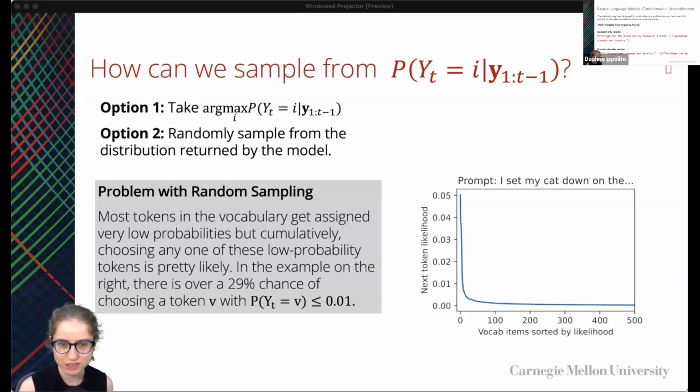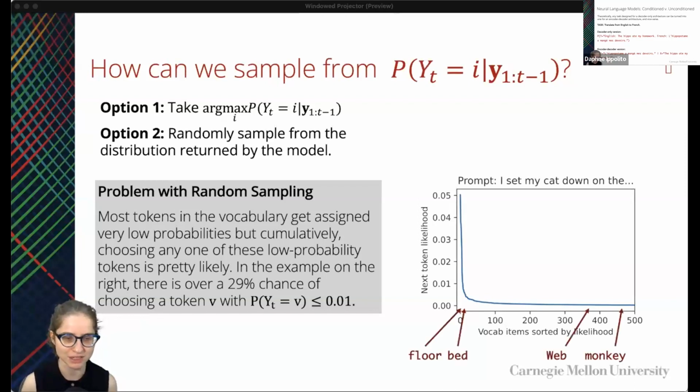On the x-axis, I've sorted all of the words in the vocabulary by likelihood, and on the y-axis, I'm plotting the likelihood the model assigns to each word. The chance of picking any one of these low probability words is really low, but there's actually a 29% chance we'll pick one of the words that has probability less than 0.01.